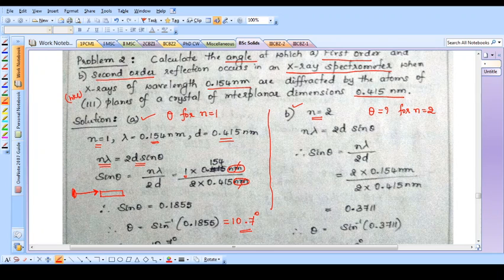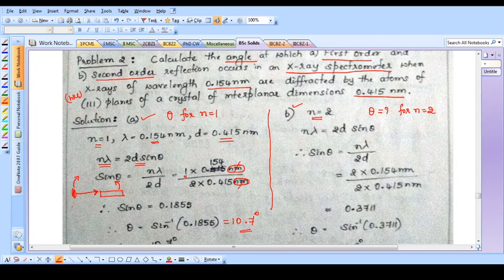So now the angle theta is equal to 0. Now if I either rotate the source of X-ray, or rotate the crystal by using a mount table, I change the angle of diffraction. I will slowly increase the angle of diffraction.